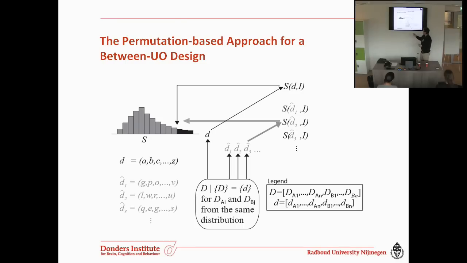Each of these random reorderings we can feed into our favorite test statistic and construct a histogram. That's our reference distribution under this null hypothesis. We have our observed data, we look how far it is in the tail, extract the p-value, and make a decision. Perfectly valid to evaluate this null hypothesis.